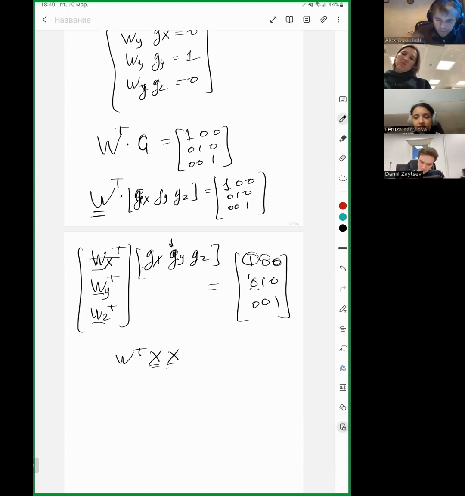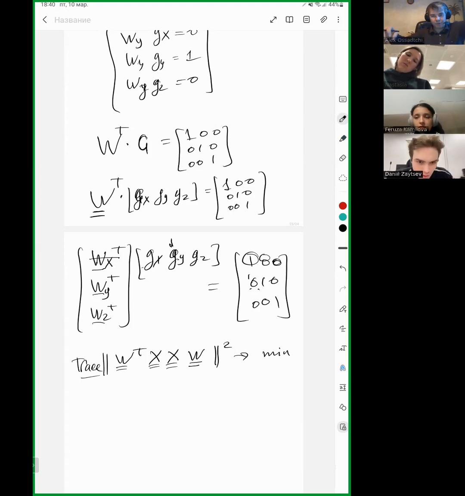Let's assume that this is a matrix, this is a matrix, and then this is a matrix. And we were tempted to say that this is minimized, right? Well, not this one minimized, but only the diagonal is minimized, right? The sum of the squares of the diagonals of the time series on the diagonal, right? So therefore you need to write the trace. Trace of this is minimized. Trace is the sum of the diagonal elements, okay?